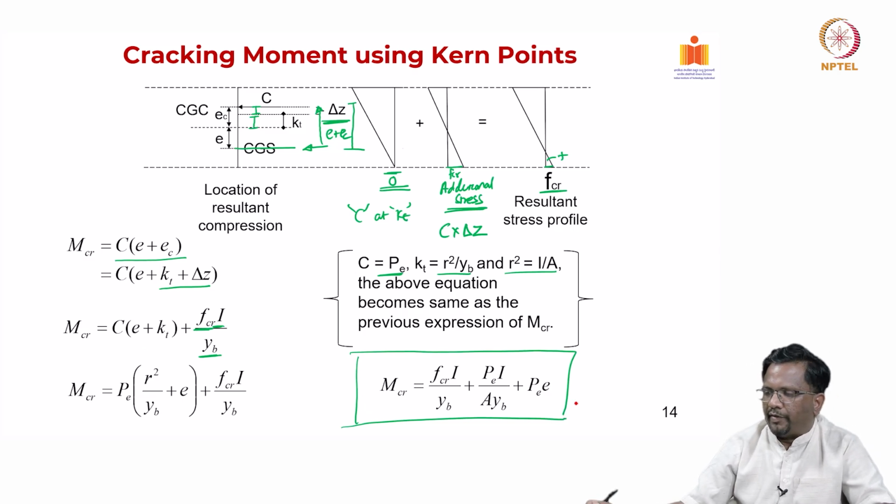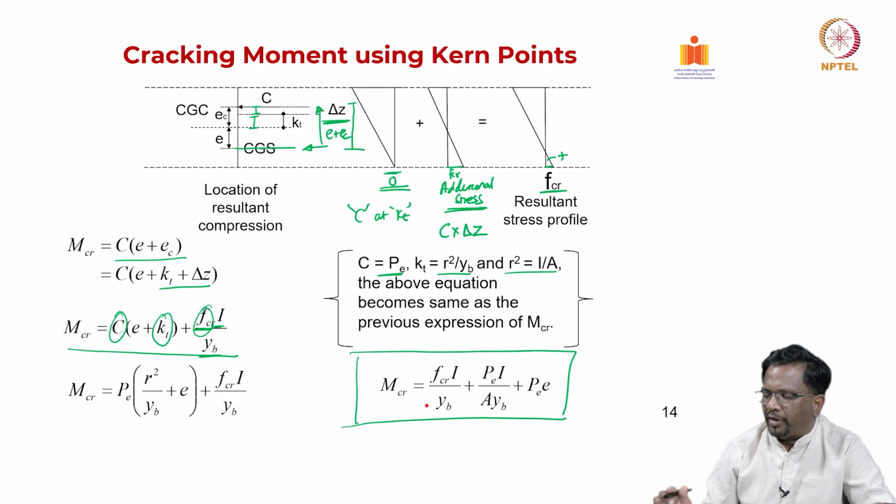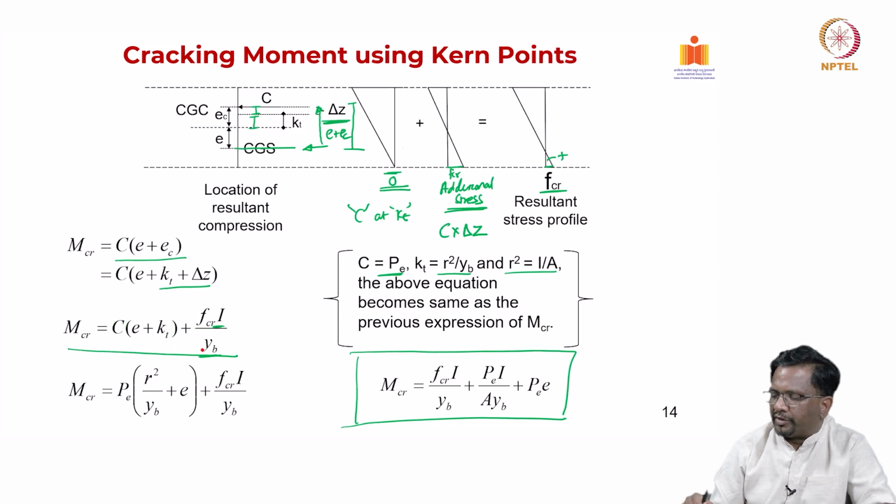So, in a way I can just use KT and effective pre-stressing force and FCR and sectional properties and get my MCR, which is exactly the same as what we did using the stress method of analysis. They are all one and the same, but this is just a simple expression.